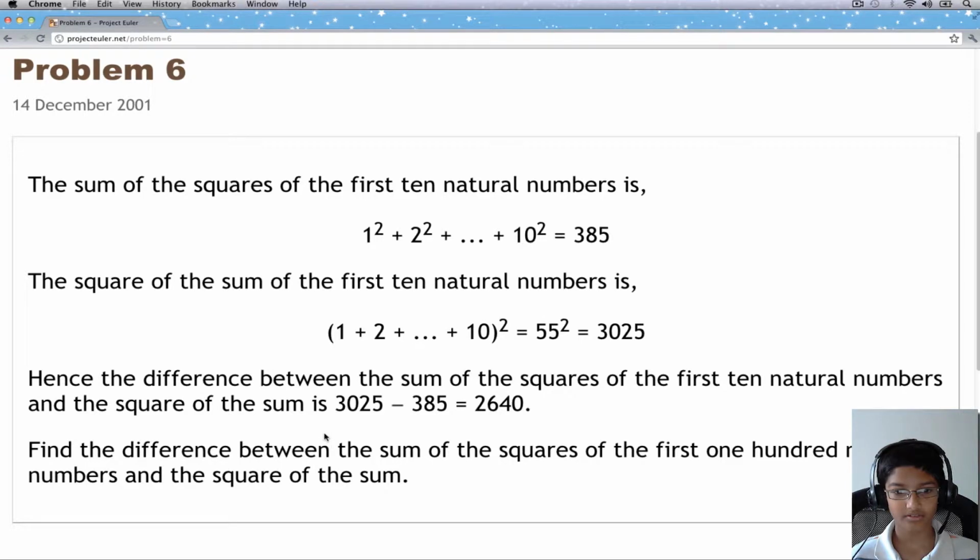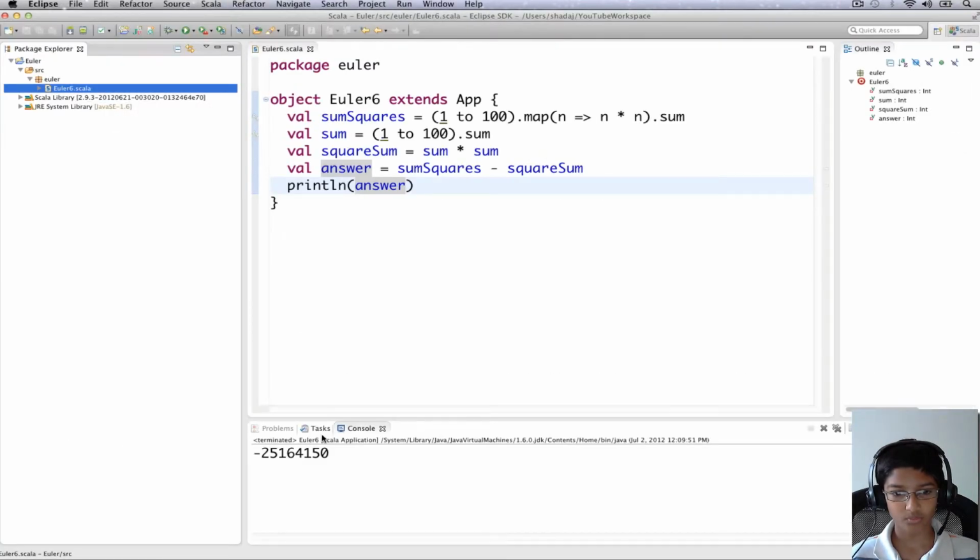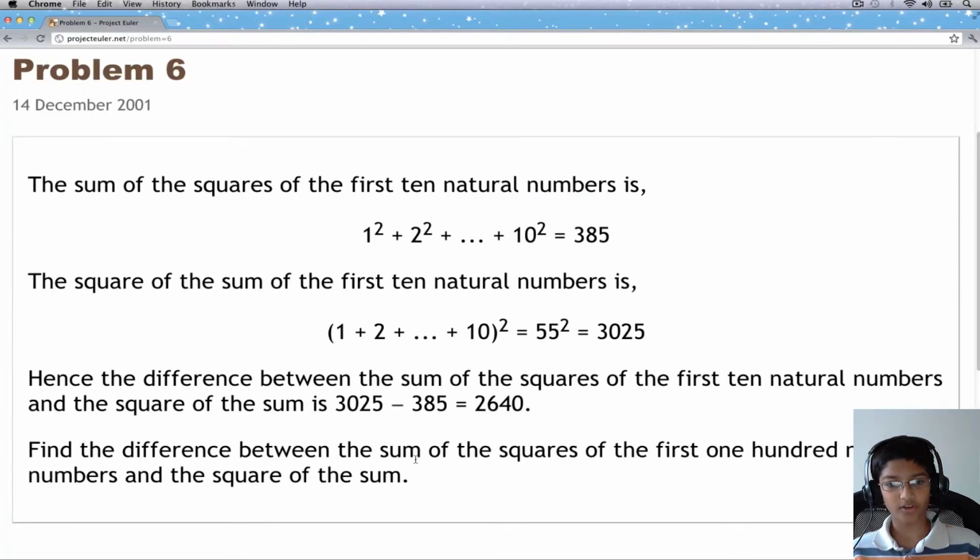Okay, so we got our answer, but it's a negative number. So they want us to find the difference the other way around. When they solved the problem for the numbers from 1 to 10, they took 3025, which is the square of the sum, and then subtracted the sum of the squares from that, because the sum of the squares is going to be less than the square of the sum, in our case and also in the case of 1 to 10.